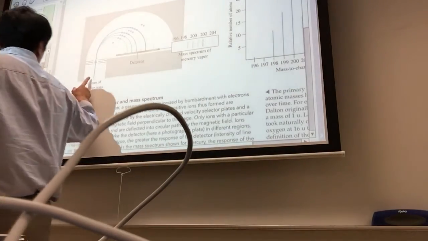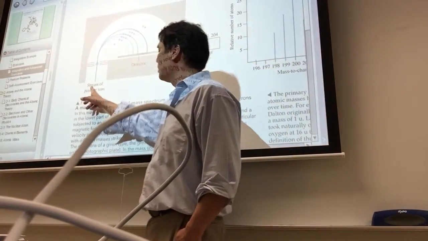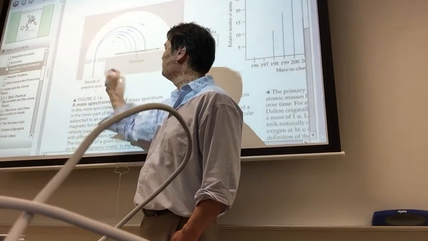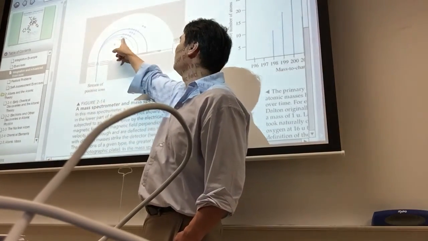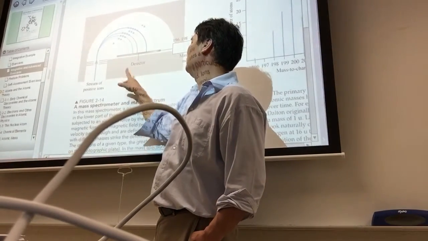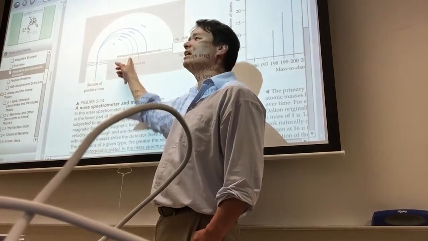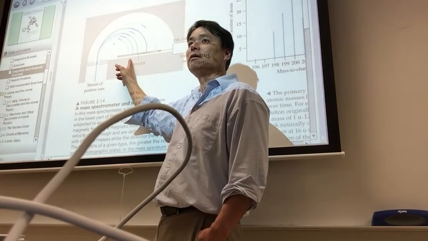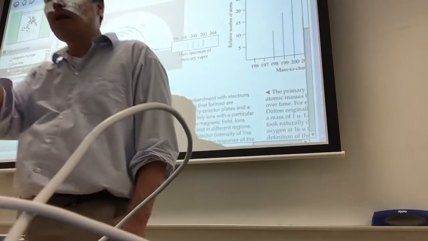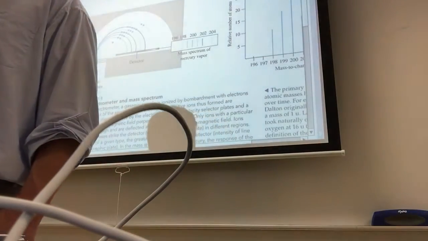Because what we do is we vaporize the carbon 12 atoms, introduce them in here, ionize them. And wherever the carbon 12 atoms land, we set the spectrometer to read exactly 12 U. And then that's our standard, so everything else is weighed relative to our standard.